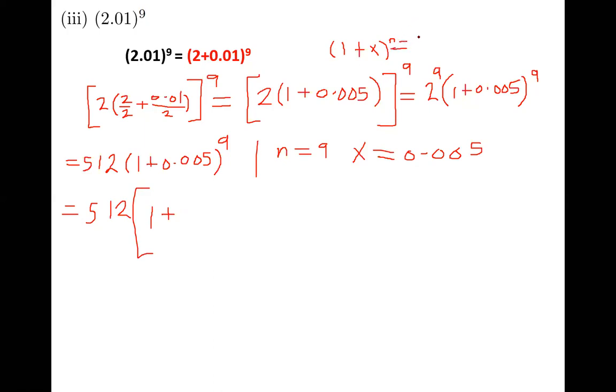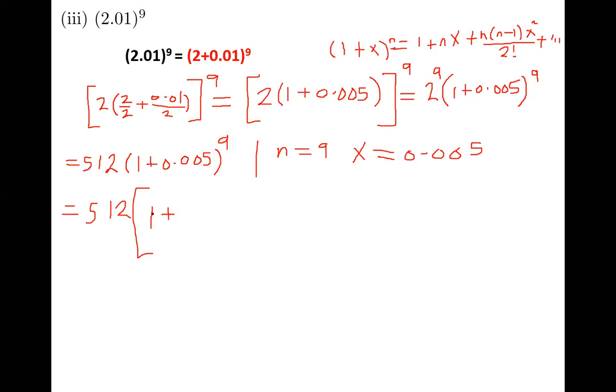Our extension is 1 plus nx, and then plus n(n minus 1)x squared over 2 factorial, and then you keep on going like that. Remember what I said, the more you expand it, the more accurate you become. If you want, you can go up to the 4th term. It's up to you, but personally, I like just ending at the 3rd term.